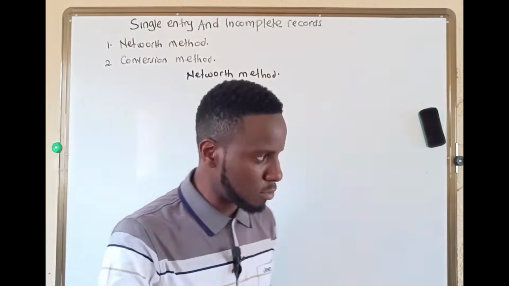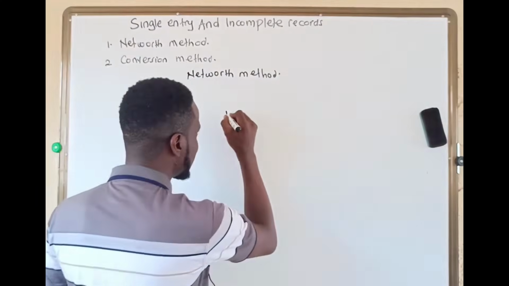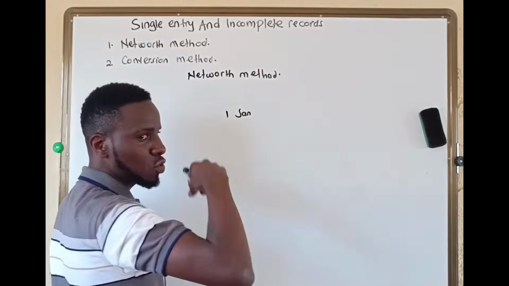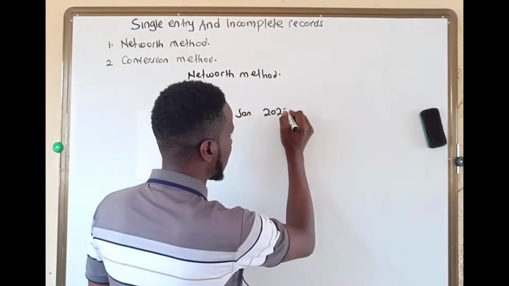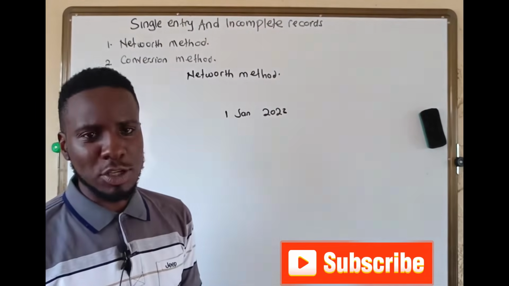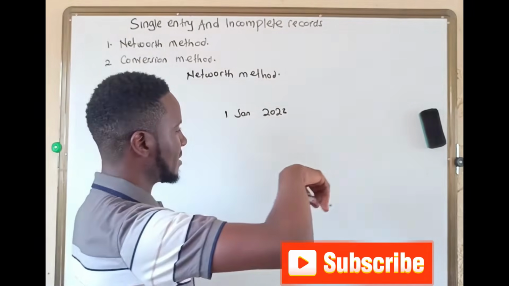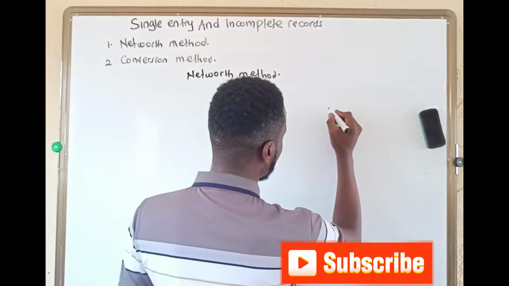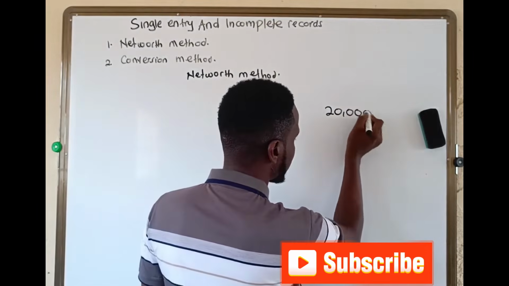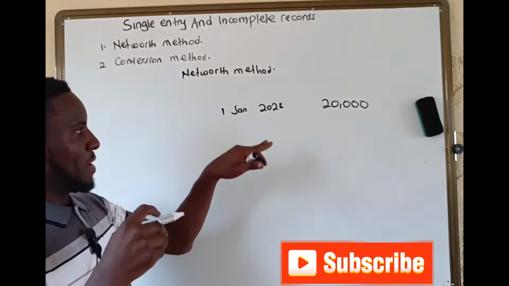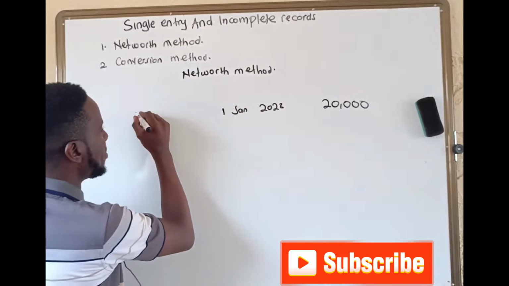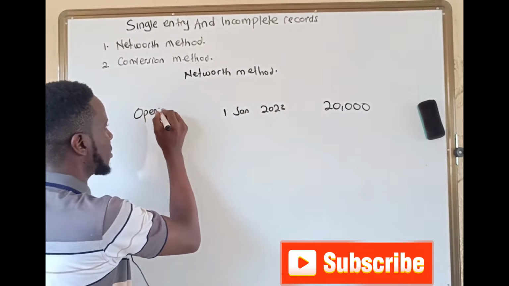Let me give you an example. On 1st January 2023, you begin operating your business, let me say, with 20,000 shillings. So, meaning this is actually our opening capital.